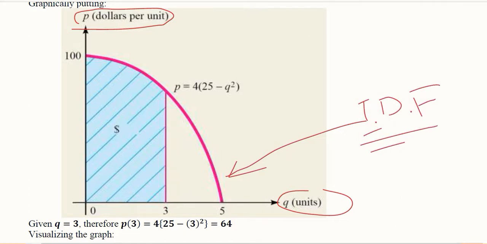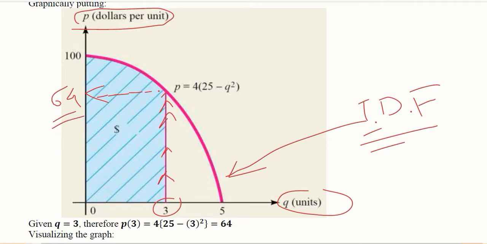Using this inverse demand function we have used the information about the consumer's willingness to pay for 3 units. When we take it to the demand curve, it guides us about a certain level of price, that is, at equilibrium the value would be 64.